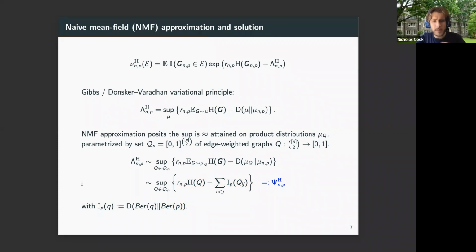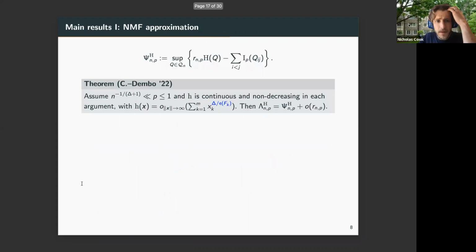All right, so this is the approximation that Chatterjee and Diaconis established in the dense case. And we extend their result to allow P going to 0 at some polynomial rate in this general setup where we have some general function H that you plug these subgraph densities into.